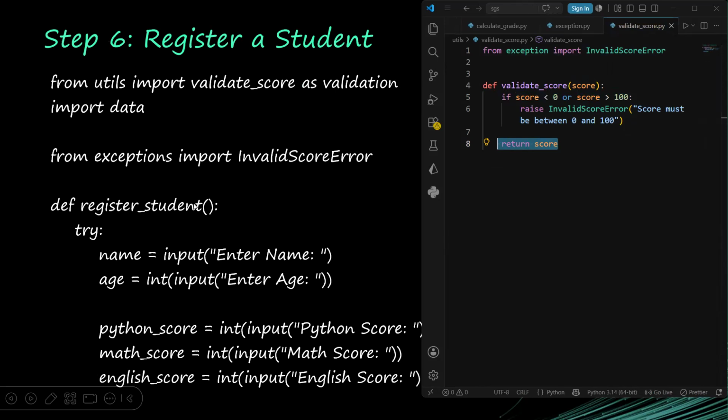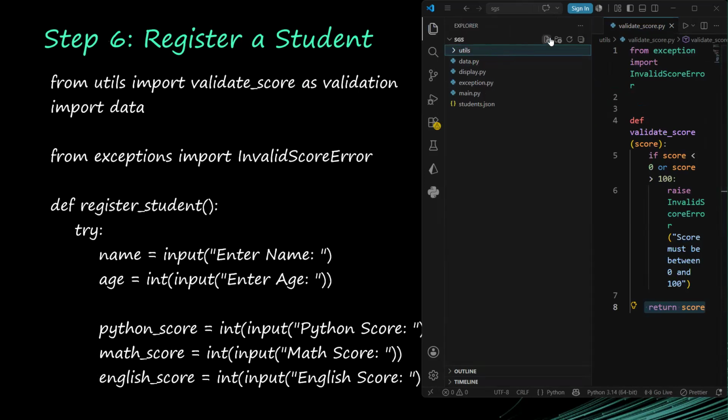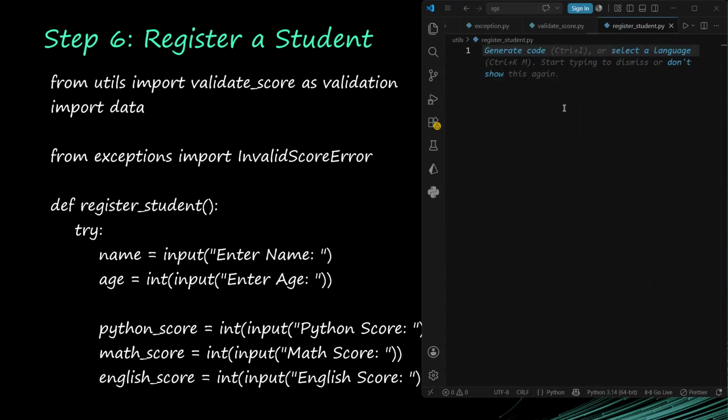Now, let us go and register user. Let us create a function that will register a student. We are going to use all these functions that we are creating very soon. So I'll go inside of utils and create another file. I will call it register_student.py. And then inside of it, I'm going to do a lot of imports.